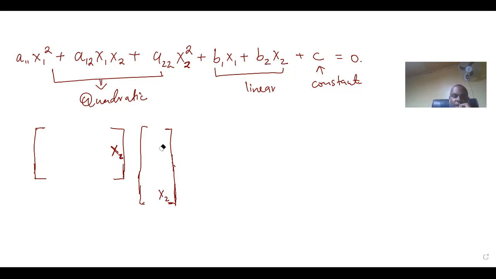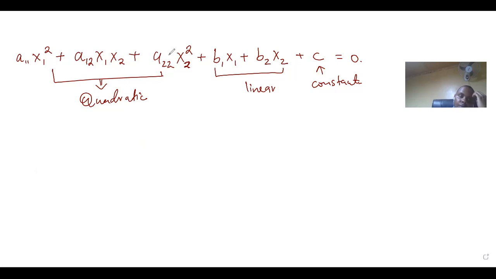So in my lecture book, the teacher wrote that the conic equation in the matrix form is the vector x transpose times A times vector x plus the vector B transpose times vector x plus C equals 0.